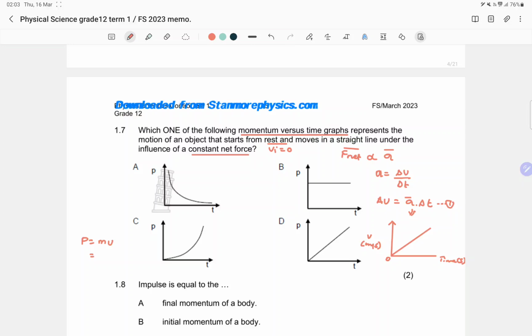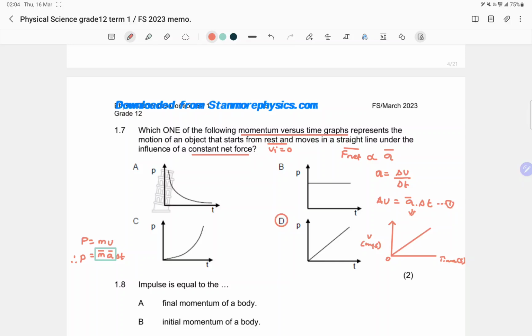If we represent velocity in terms of acceleration, this is going to be m a delta t. But now what do we know? The acceleration is constant, the mass is also constant, so we've got a constant here. So what does that tell us? It tells us that on the momentum-time graph, because this is a constant, momentum is directly proportional to time. So the answer becomes D.